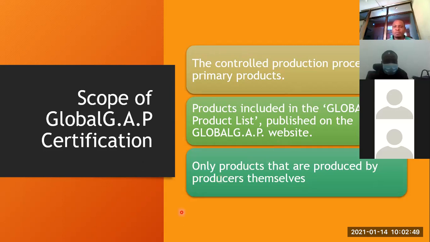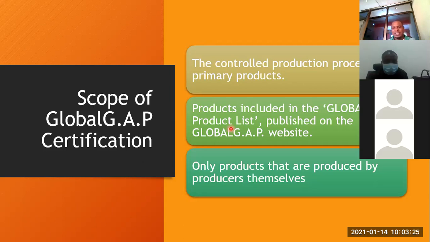So these 3 points give us the scope of GlobalGAP certification. First, it covers production that is controlled, and it's only for primary product. So it doesn't cover juice and other things that are processed. It covers only primary product, which is produced under control, not wild collection. And then whatever product you are seeking to certify must also be part of the product list.